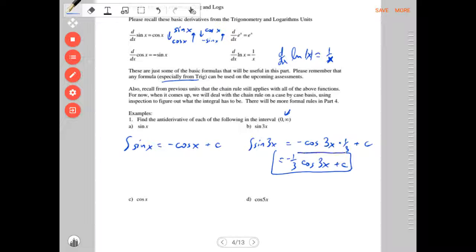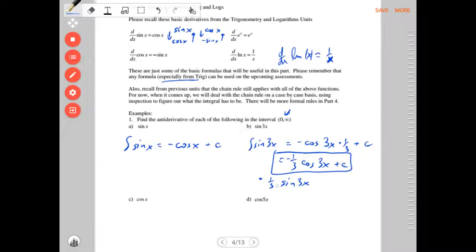Wow, that was kind of tricky, wasn't it? But if we take the derivative of this, look what happens. The derivative of negative cos is sine, so sine 3x. Of course, we still have this third in front. The derivative of cos was negative sine, so the two negatives cancel.